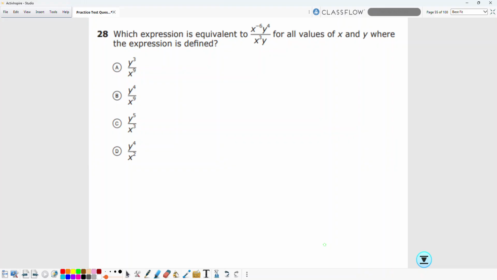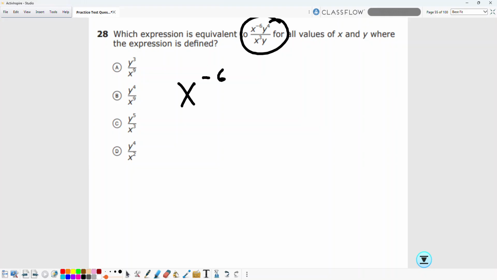Well, here's how we can also use that. We can cancel. In other words, we can make this expression simpler if we cancel some things that are in common. All right, so it works like this.